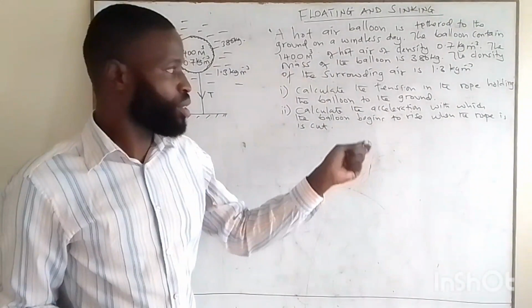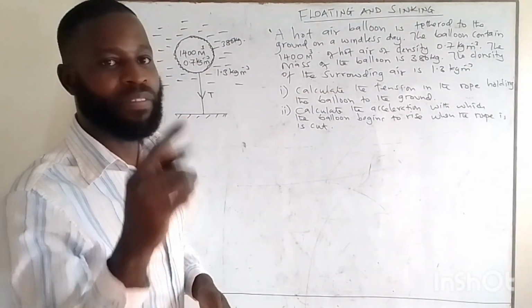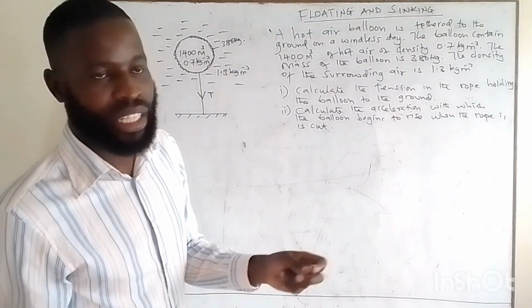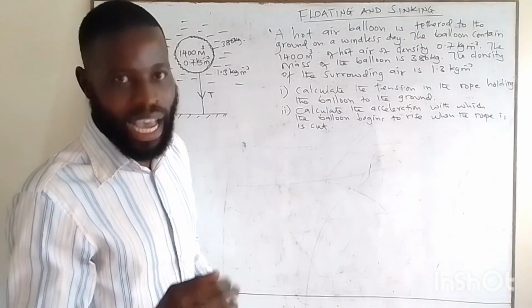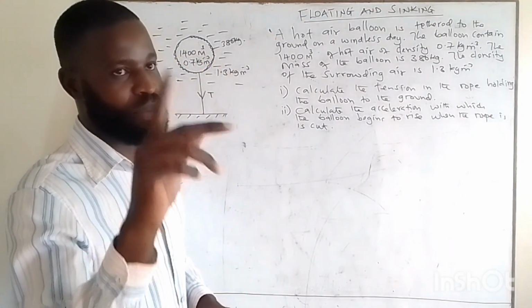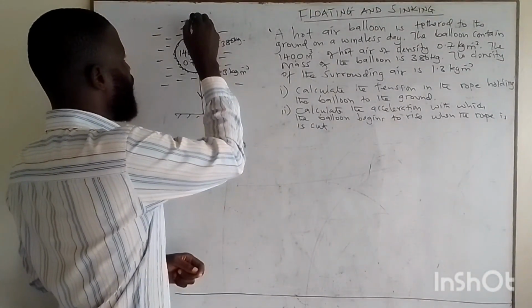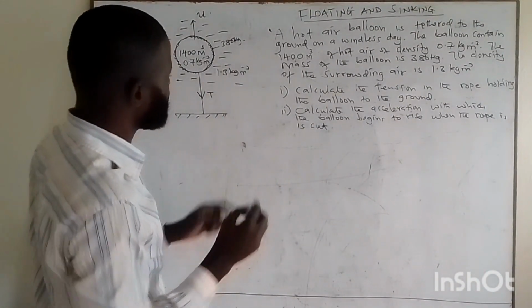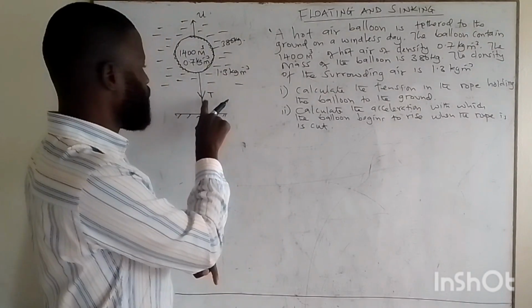Calculate the tension in the rope holding the balloon to the ground. Before I even calculate this tension, I need to look at the forces acting on this balloon. There are 3 forces acting on the balloon. 1, the upthrust is acting on it upwards. 2, we have the tension.